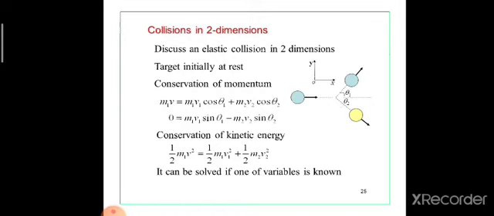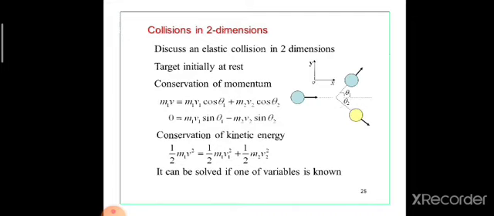Now taking the case of collisions in 2 dimensions, according to the conservation of momentum, the total momentum before collision is equivalent to total momentum after collision. Taking the first particle alone, which is moving with a velocity v, and the second particle being at rest, m1 into v is equivalent to m1 v1 cos theta 1 plus m2 v2 cos theta 2, since a component of v1 and v2 will be along the x-axis.